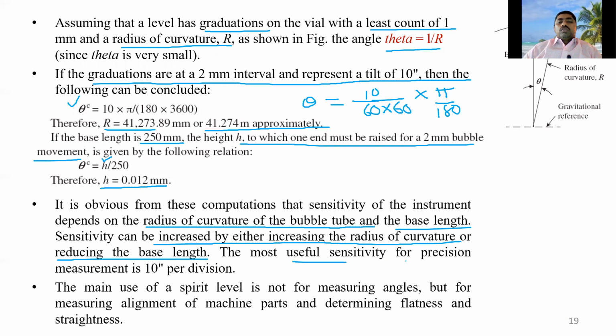But the most useful sensitivity for a precision measurement is 10 seconds per division. The main use of the spirit level is not only for measuring angles, but for measuring the alignment of machine parts, and also you can determine the flatness and straightness of machine components.